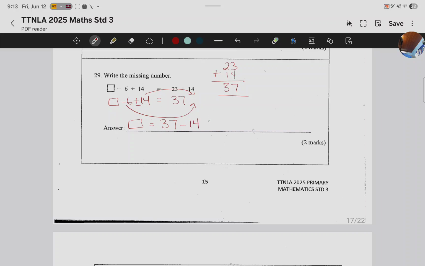And we have the subtract 6 will become plus 6. So 37 take away 14 will be 23 plus 6. So this becomes 29. So the unknown number here would be 29. 29 take away 6 plus 14. That will give us back to 37.